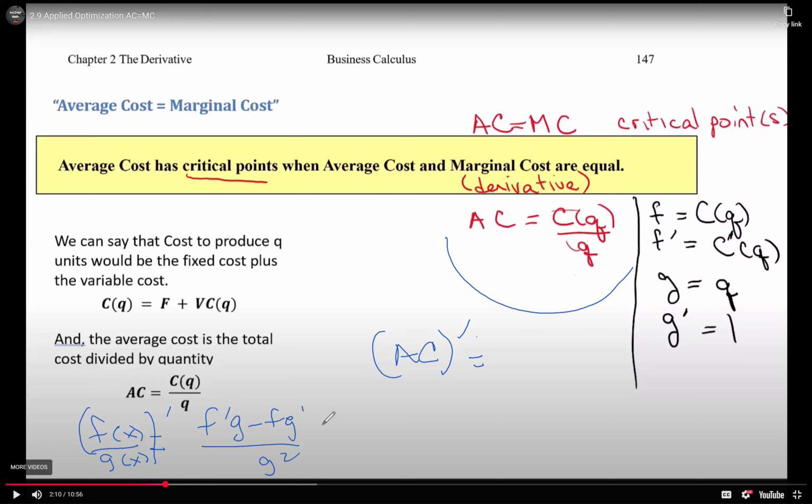That's on the formula sheet. Okay. So I said f is this because it's the top, and g is this because it's the bottom of the fraction. And then I take the derivative because I need to fill in this formula, right?